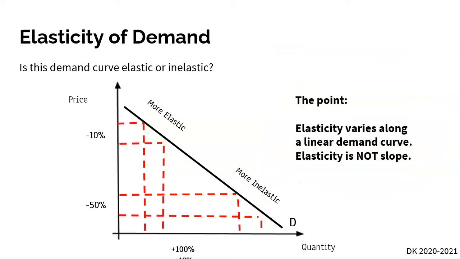So what's the point? The point is elasticity varies along the linear demand curve. The further up we are, the more elastic; the further down we are on the demand curve, the more inelastic. It's also important to note elasticity is not slope. It is not the same thing, because within the same demand curve, we can be more inelastic and more elastic.